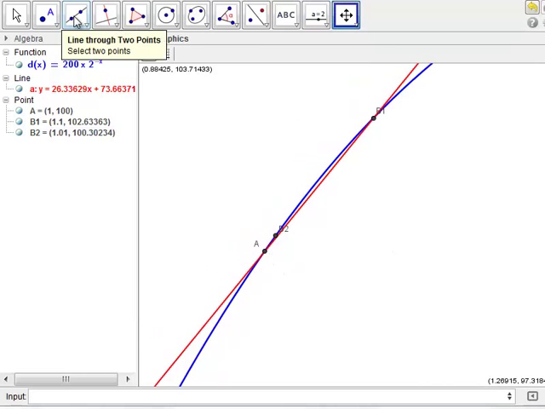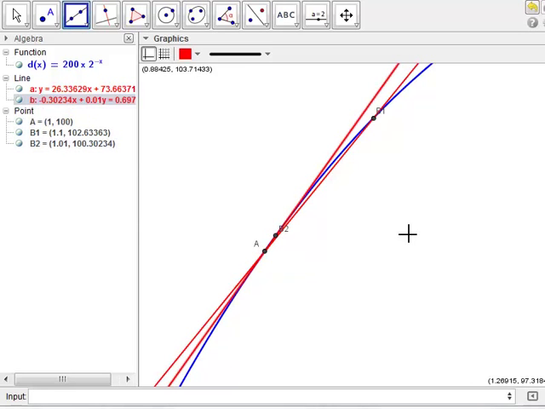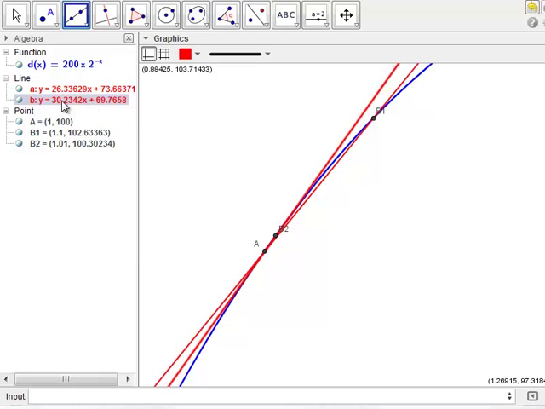Okay, so let's put a line from A to B2, and notice that that is definitely steeper than the original. If I put this equation over into slope-intercept form, now we have that the slope is 30.23. Previously it was 26.33, so that's quite a difference. So getting very close is important when there's a lot of curvature here.